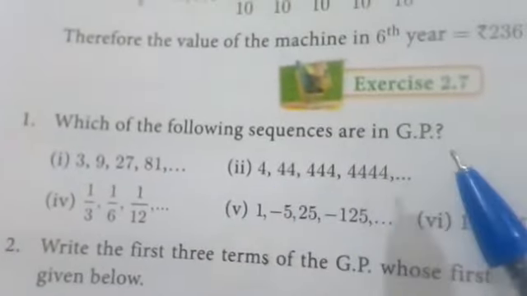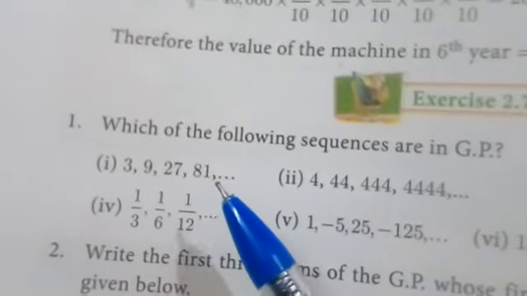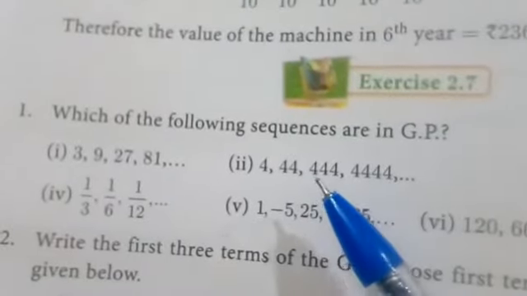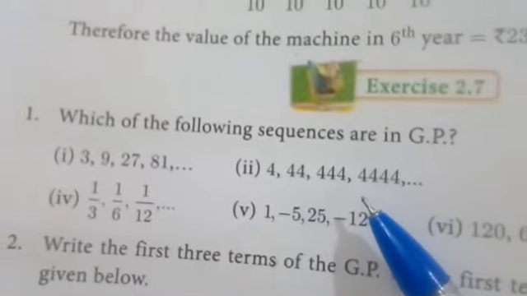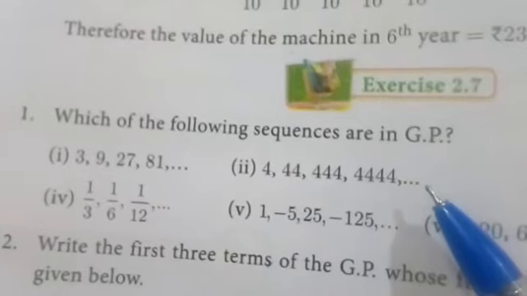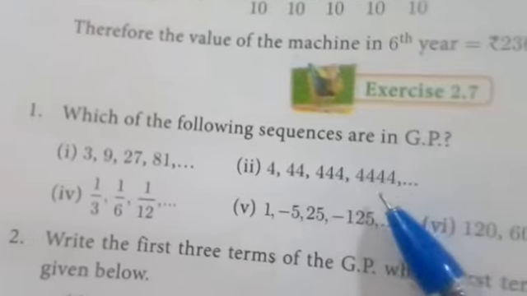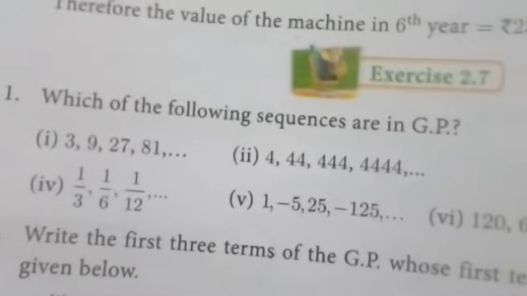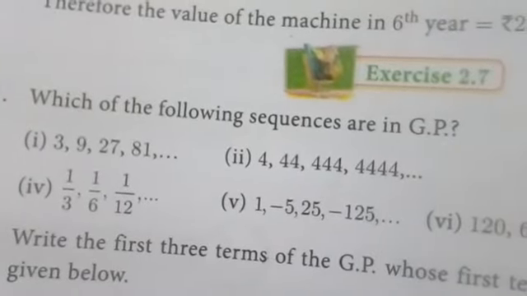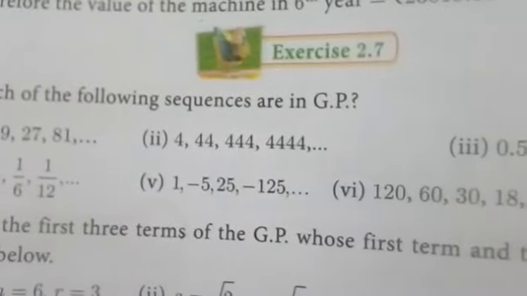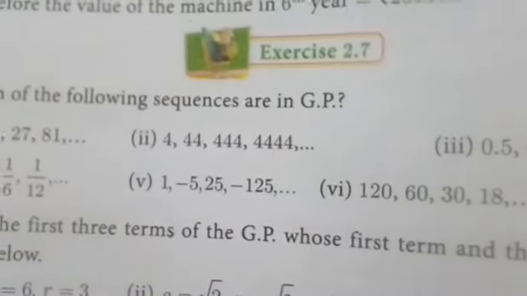Exercise 2.7, first problem. Which of the following sequences are in GP? First: 3, 9, 27, 81, etc. Second: 4, 44, 444, 4444, etc. Third: 0.5, 0.05, 0.005, etc. Fourth: 1 by 3, 1 by 6, 1 by 12, etc. Fifth: 1, minus 5, 25, minus 125.